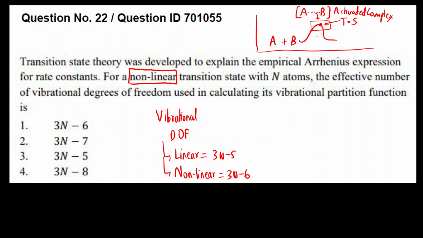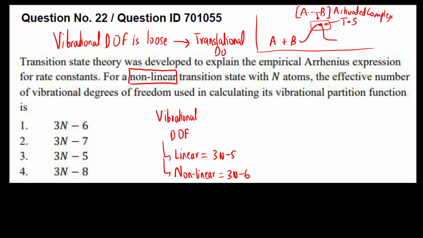While formation of this transition state, one of the vibrational degrees of freedom becomes loose. That means it is getting converted to a translational degree of freedom.